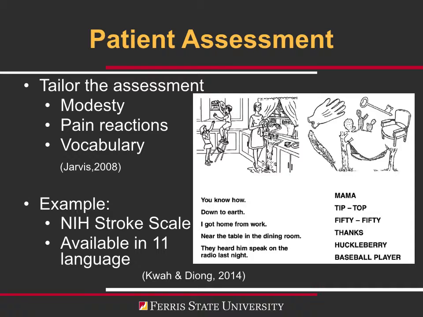How, as a nurse, are you going to know if they have a loss of fluency or loss of comprehension or aren't able to name those pictures because they're having a stroke and that's one of the symptoms of a stroke? Or maybe it's just because part of their culture and part of their language is they don't have a word for that or they don't know what it is. So these are all things to keep in mind when you're doing that health history and patient assessment.